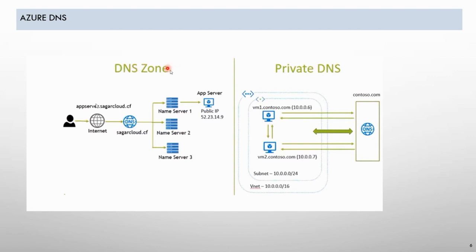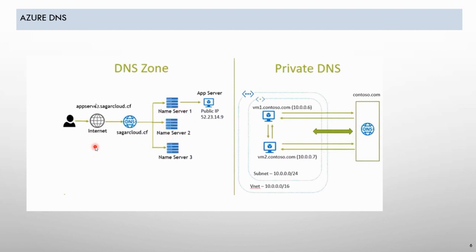This DNS zone will provide me their own name servers and SOA records, through which, when a request comes to this particular website or domain, the request gets resolved via this name server, and the traffic will go to the app server. My DNS query will get resolved faster in this case, because my backend is in Azure, and my name servers are also in Azure.